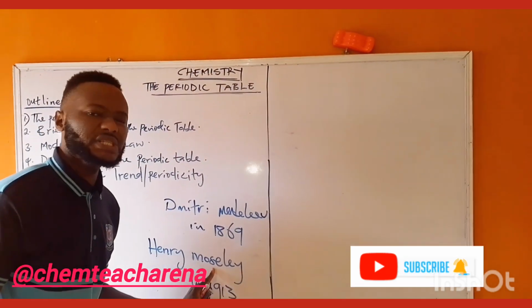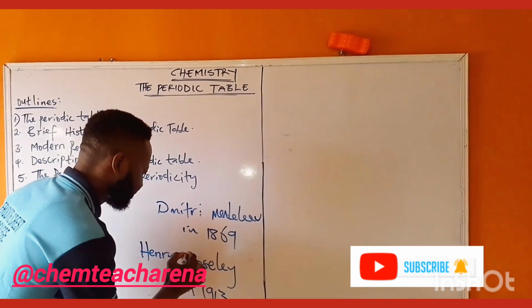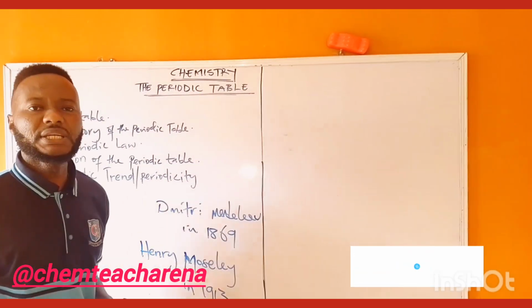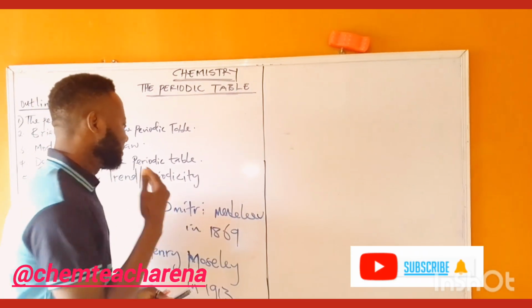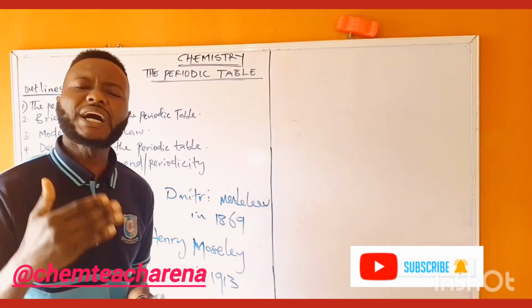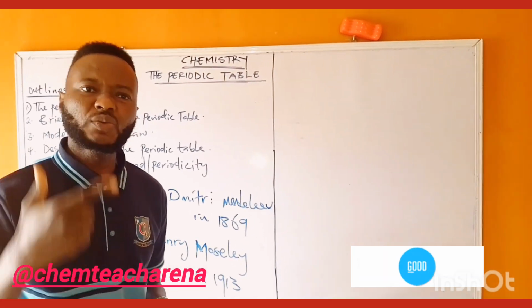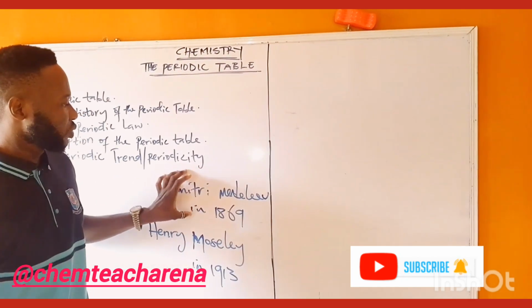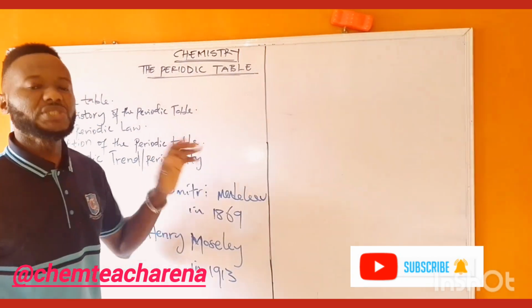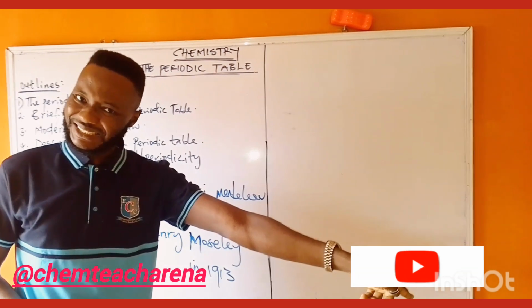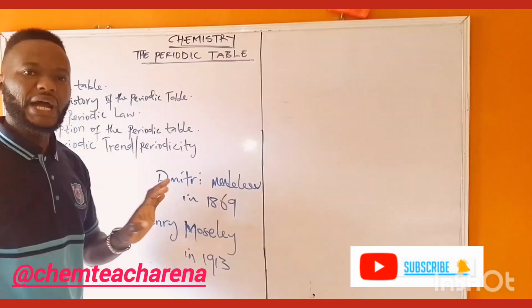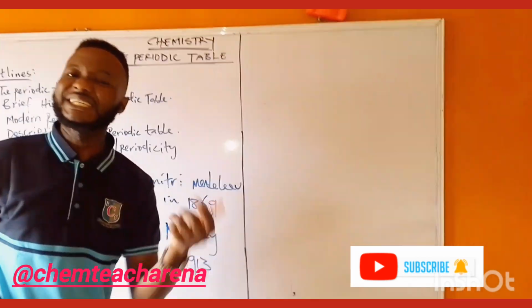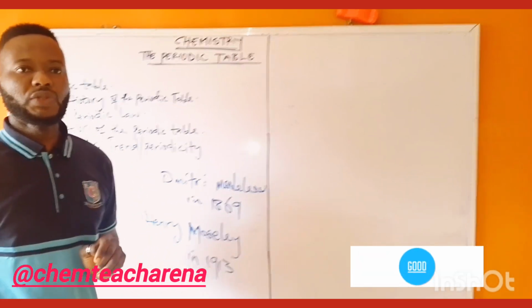But Henry Moseley arranged the elements in the order of increasing atomic what? Atomic number. What is the difference here? Mendeleev arranged in the order of increasing atomic mass, while Henry Moseley arranged in the order of increasing atomic number. Do you understand?